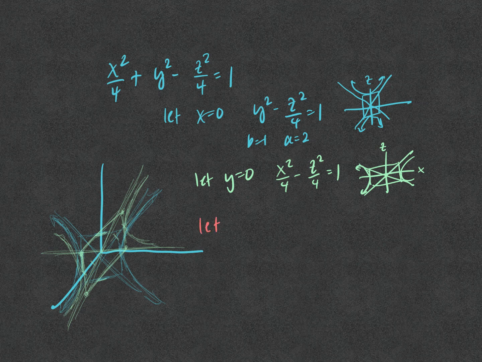And now we let z equal 0. So if z equals 0, then we have x squared over 4 plus y squared equals 1. Now that's an ellipse, so that's going to be pretty nice, where our major axis is x and our minor axis is y of 1. So normally x is 2 and y is 1, so we have an ellipse that looks like this.